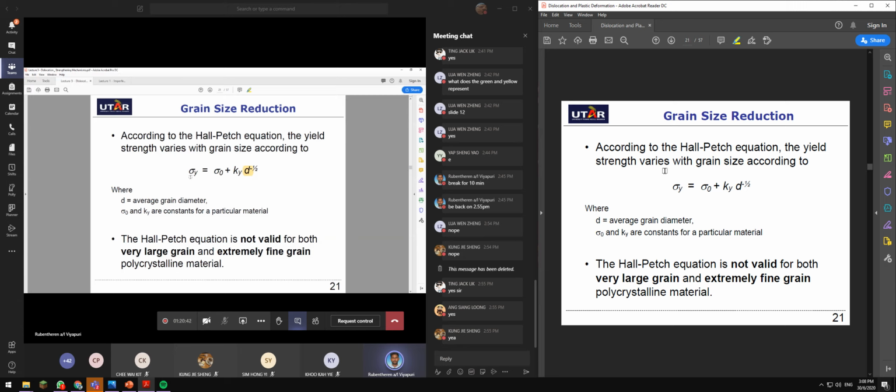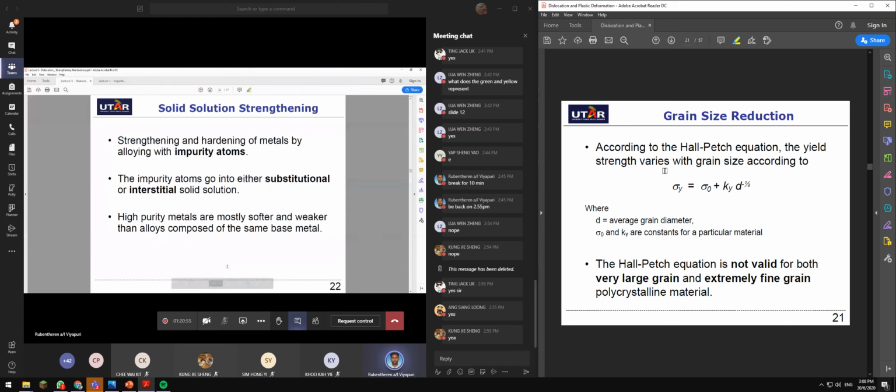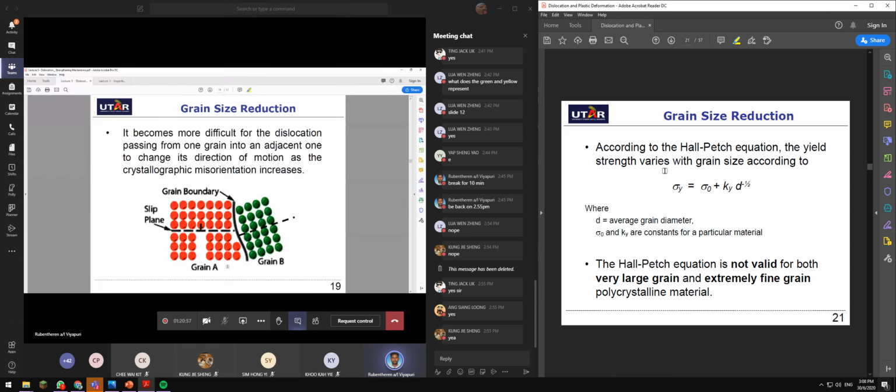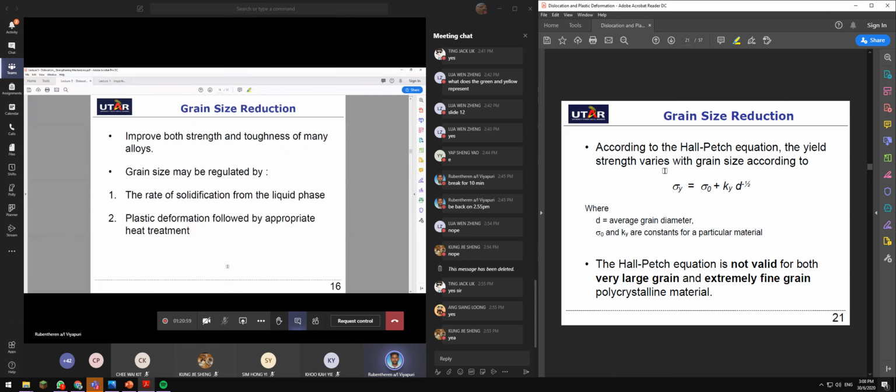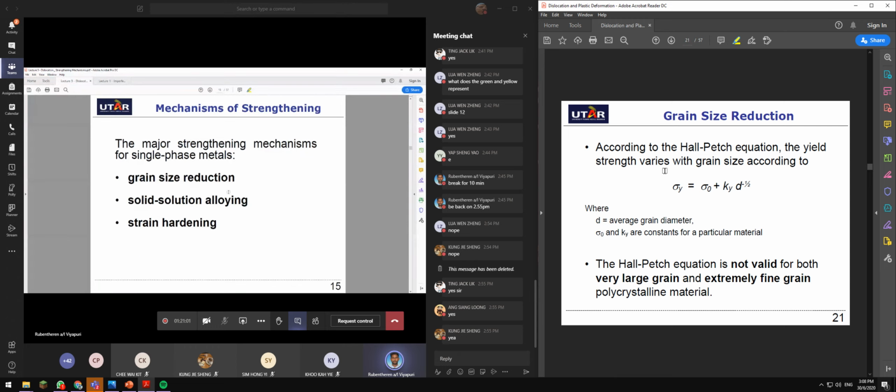This formula is not valid for both very large grain and extremely fine grain polycrystalline materials. It applies to normal grain size materials. So this is one option for you to increase the mechanical strength: grain size reduction.